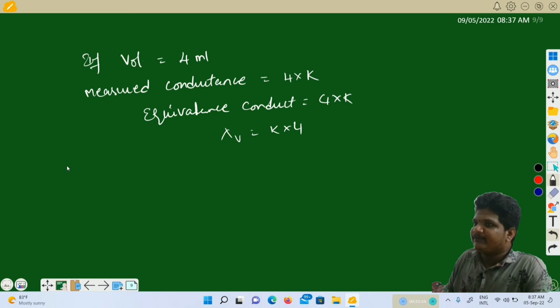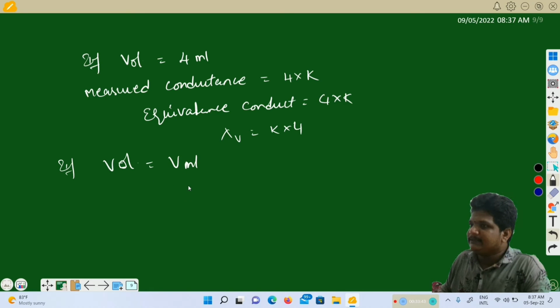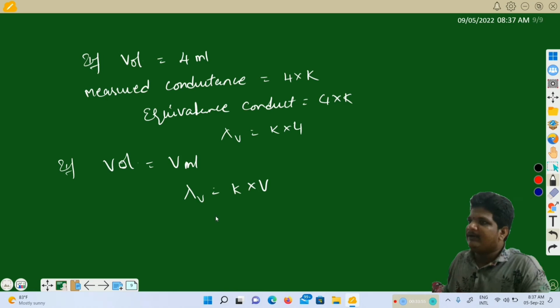If the volume is V ml, then the equivalent conductance lambda V is equal to kappa into V.